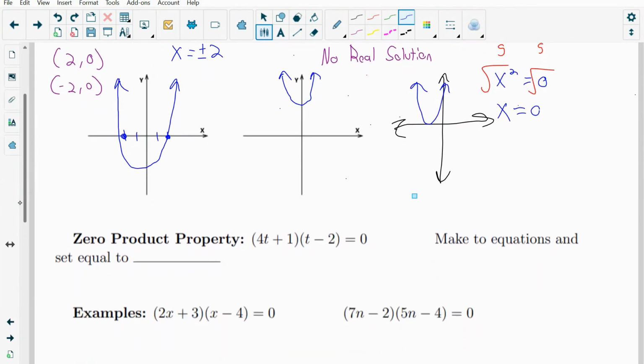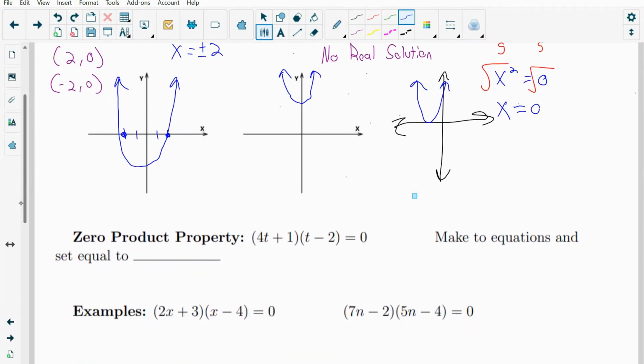So the next thing here is the zero product property. The zero product property says that if we were to find 2 factors, we could set them equal to 0 to find the solutions of both of those products. What would make both factors 0? So in a case like this, I could take my first factor, 4t plus 1, set it equal to 0, and I could solve for t.